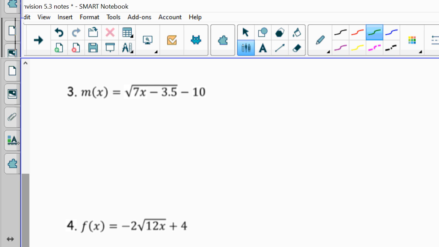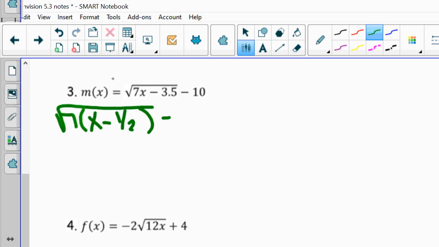Again, I can factor underneath, so 7x minus 3.5. I want to pull whatever that number is in front of x, so I'm going to factor 7 out. And so I know I'm going to get x minus. So remember, when you're factoring, you're just dividing. So 3.5 divided by 7 leaves me with 1/2, all of that minus 10.